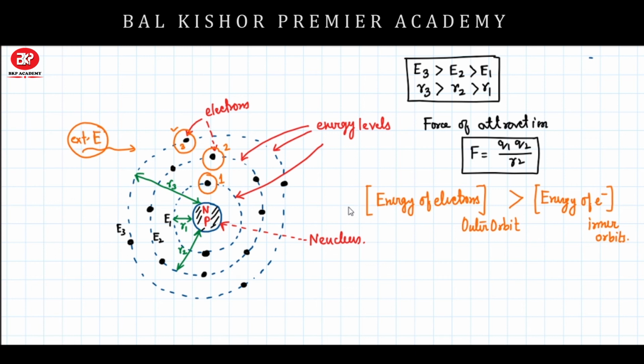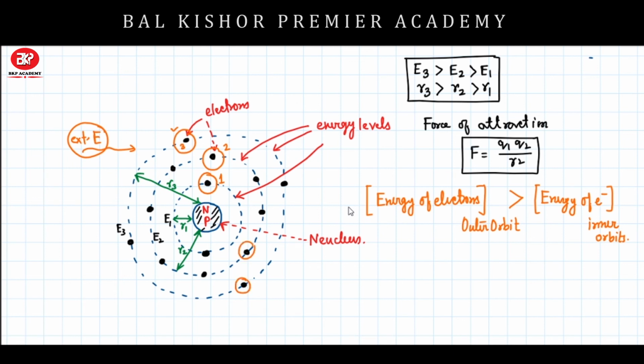Now, according to the atomic theory, the electron existing at the outermost orbit needs some energy to move out against the attraction force. Suppose I consider these two electrons.